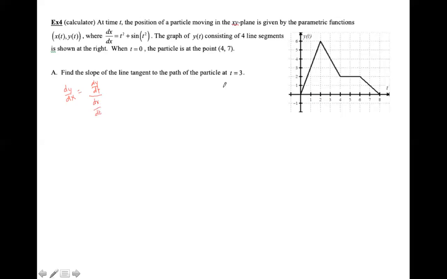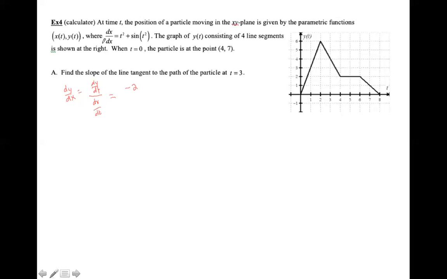So this is the graph of y. I can do my slope at t equals 3 right here, and it looks like that's going to be a -2. So the top part of this is a -2. We're getting it right from the graph.